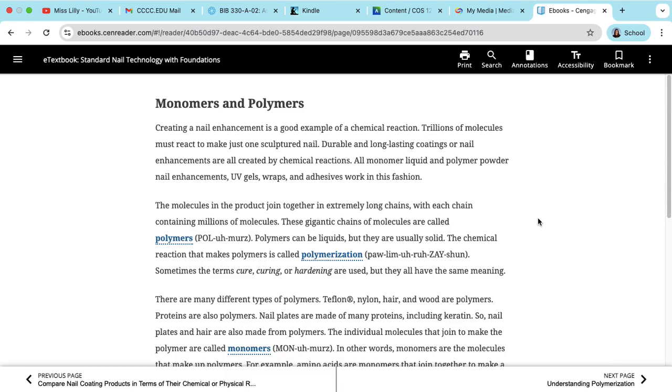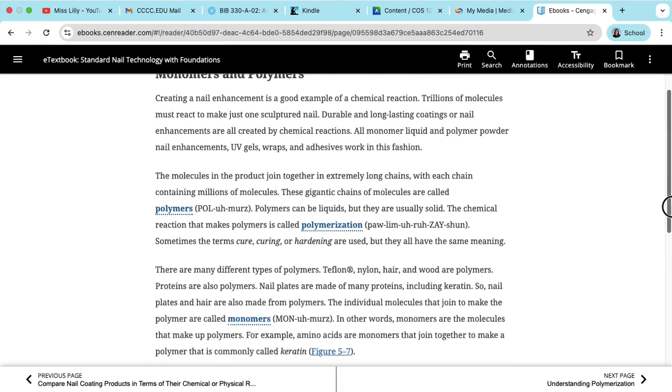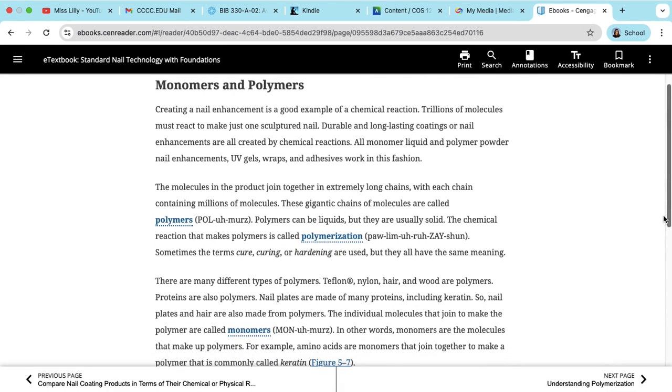In this reading that we're going to do now, in these paragraphs, there's a lot of important information. Creating a nail enhancement is a good example of a chemical reaction. Trillions of molecules must react to make just one sculpted nail. Durable and long-lasting coatings or nail enhancements are all created by chemical reactions.